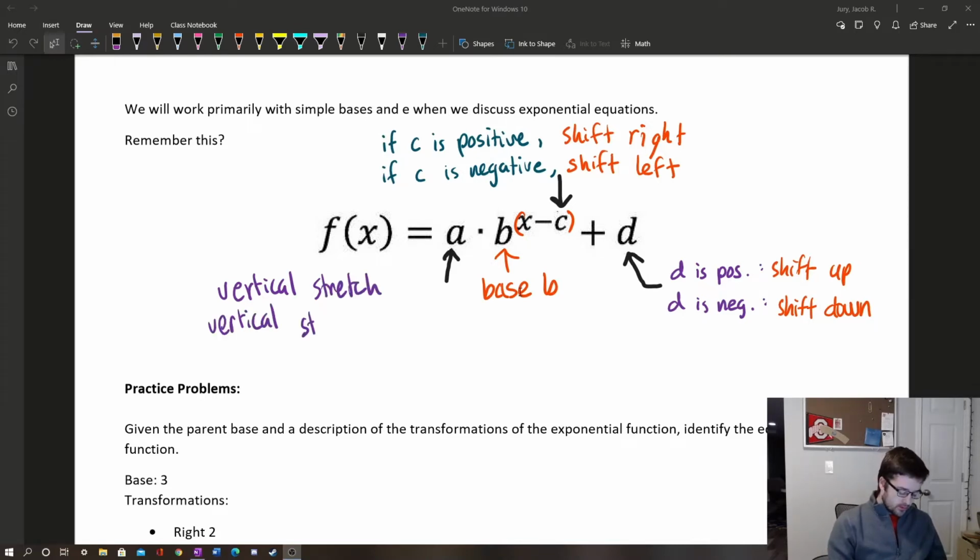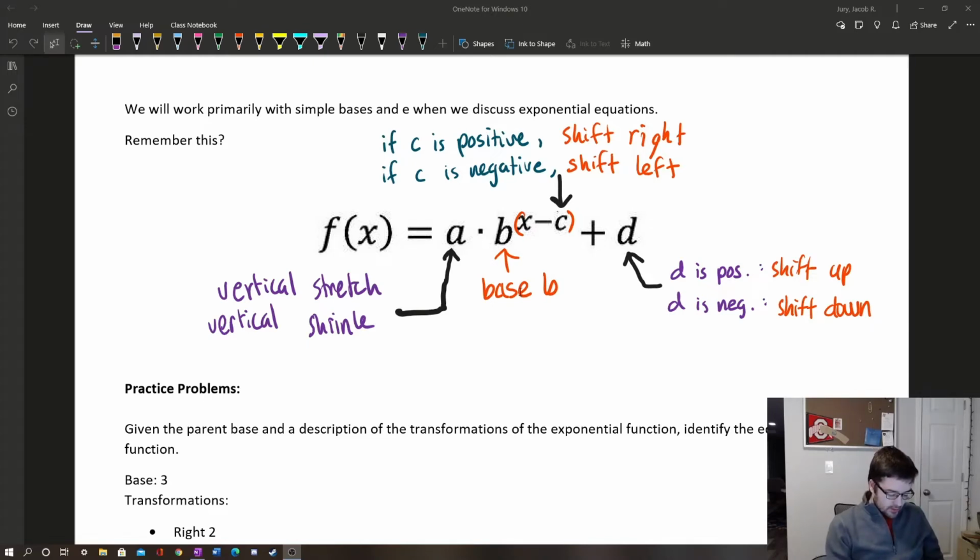And I'm trying out some new technology here, which you all probably have noticed. So there's a little bit of a delay. But anyway, so there's our vertical stretch. Cool. And vertical shrink.